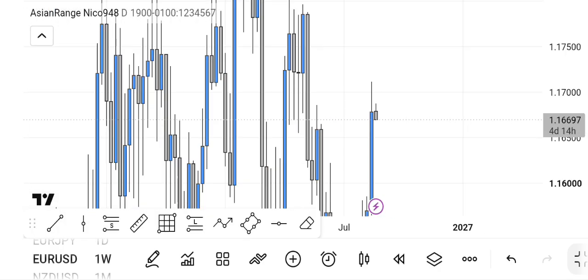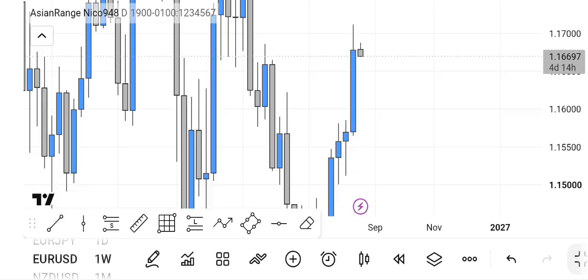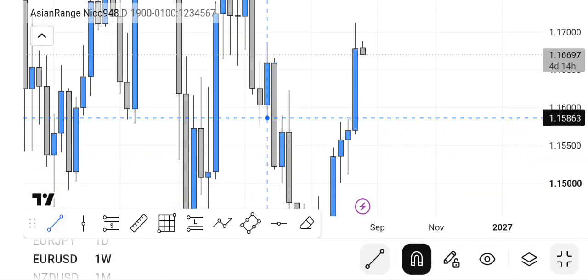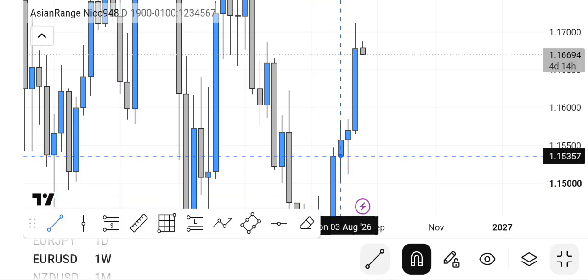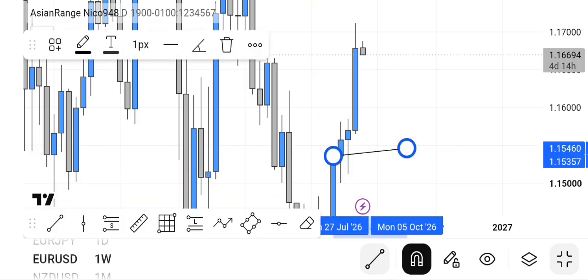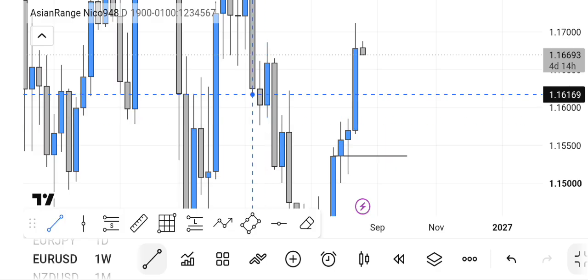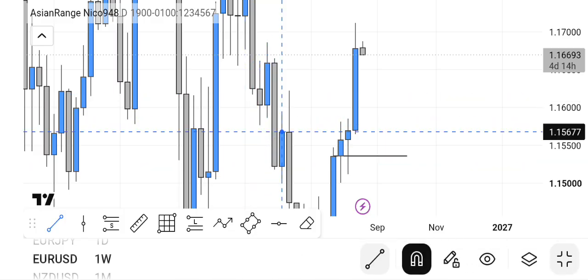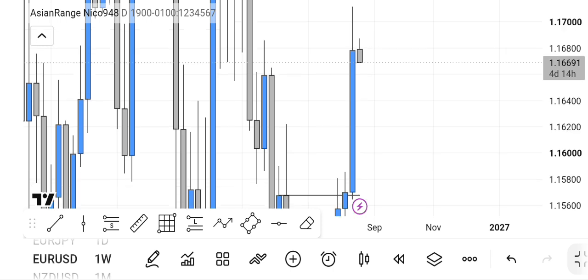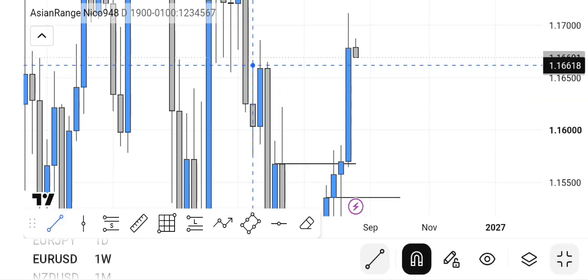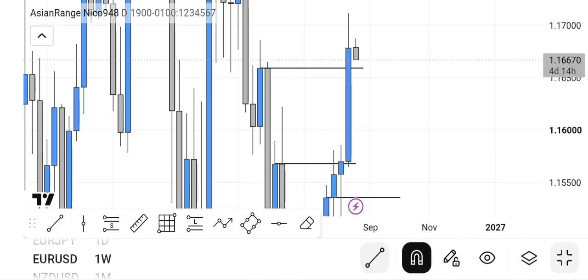So this is, as you can see, a weekly rejecting a weekly. There's a breakout, even definitely a breakout on the daily.